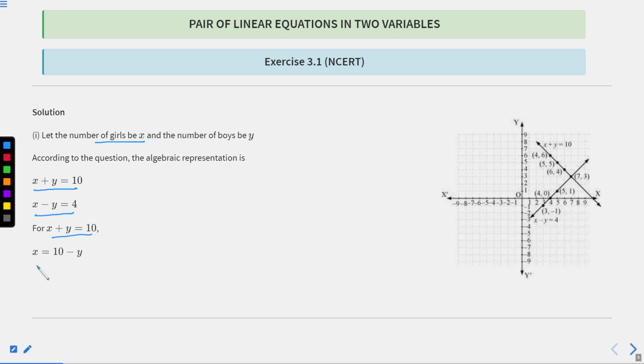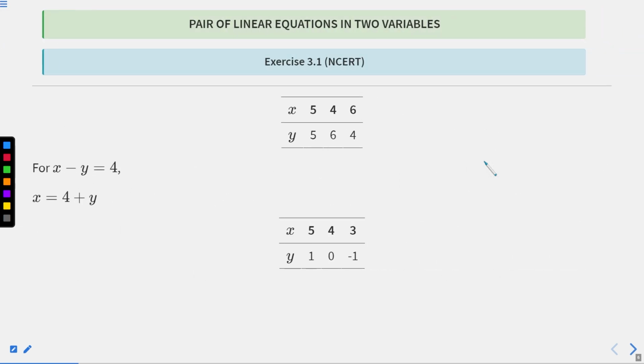Then we get this equation: x is equal to 10 minus y. Naming this equation number 1, this is equation number 2, and this equation is equation number 3. Now if we substitute the value of x in the equation, so here we get x equal to 4 plus y.